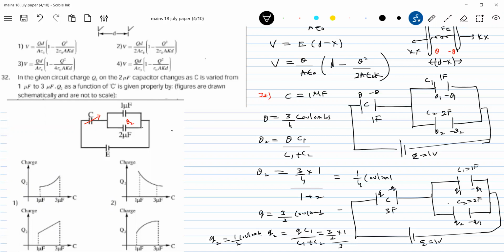Check that particular thing. We have to get an expression for the charge in the second capacitor as a function of the first capacitor. If you try to do it with mathematics, since all three graphs are there, will it be linear? Will it be that one? So get an expression, look at the Q. You can write the total Q in terms of C and see how that graph will vary. I think we have to use mathematics here. There's no other way. So we have to check the slope also.